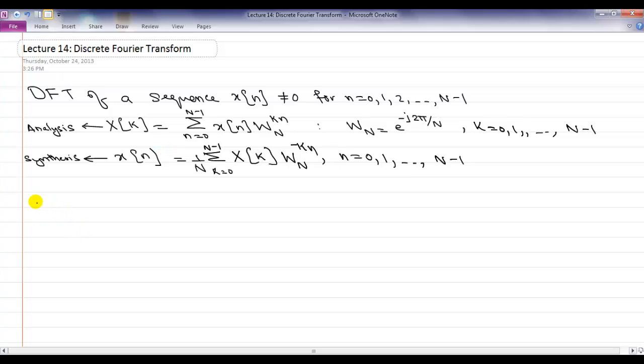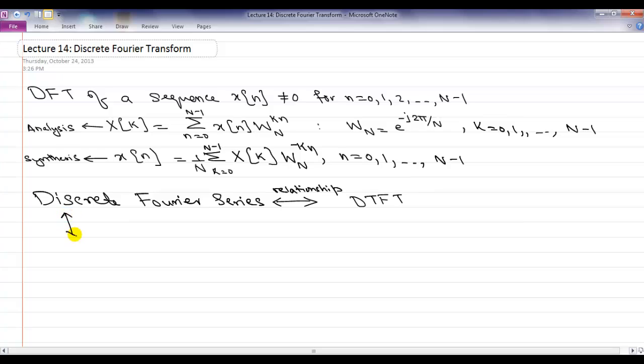So the plan we have is we want to understand discrete Fourier series, we want to understand the relationship of that to discrete time Fourier transform, and we want to understand the relationship of the discrete Fourier series to the discrete Fourier transform.